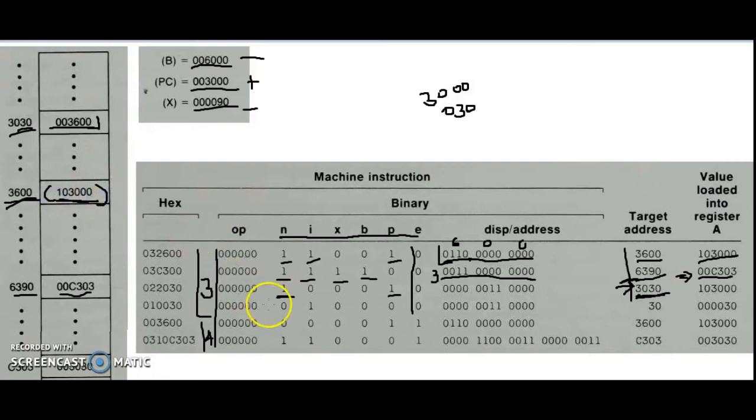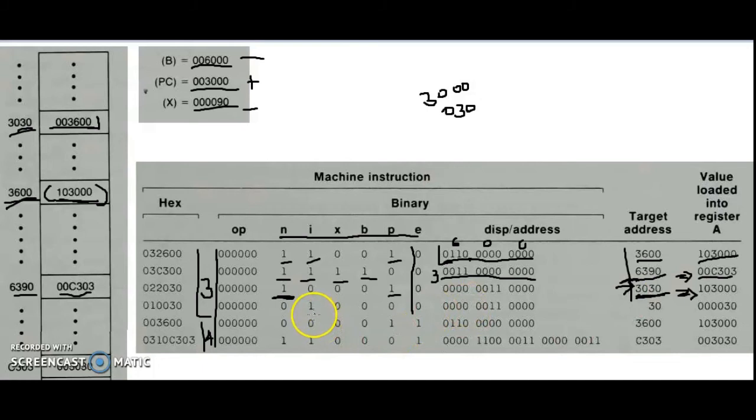Why? Because n is equal to 1, that is, indirect addressing mode is being applied. So the value retrieved from the memory is 103000. That is the difference between indirect addressing mode and simple addressing mode.